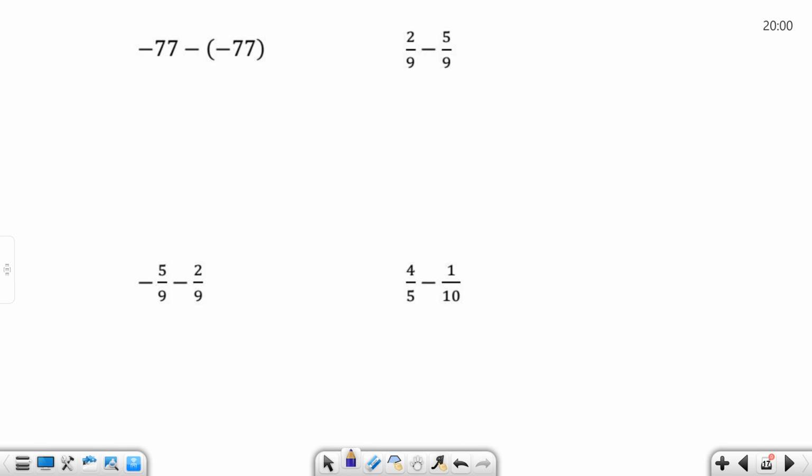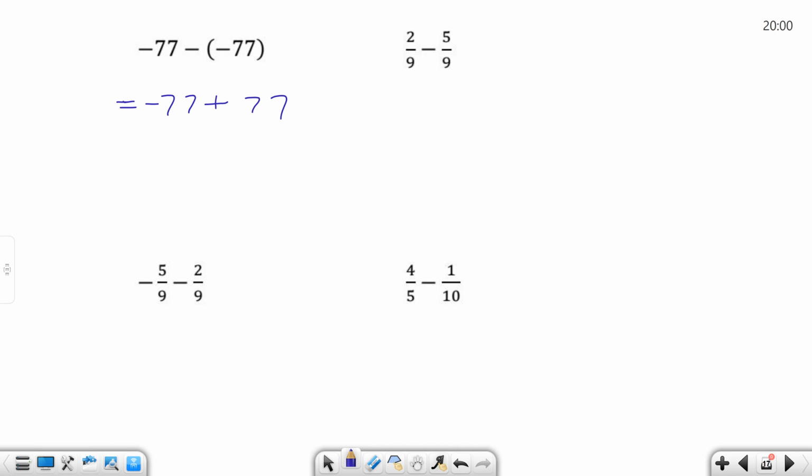All right, what about negative 77 minus negative 77? I have a 77 and a 77. The first one doesn't change. It stays negative. The second one, what does minus and negative mean? It means plus. So what do I do with those two 77s? I know there's a plus between them, but that does not mean add.